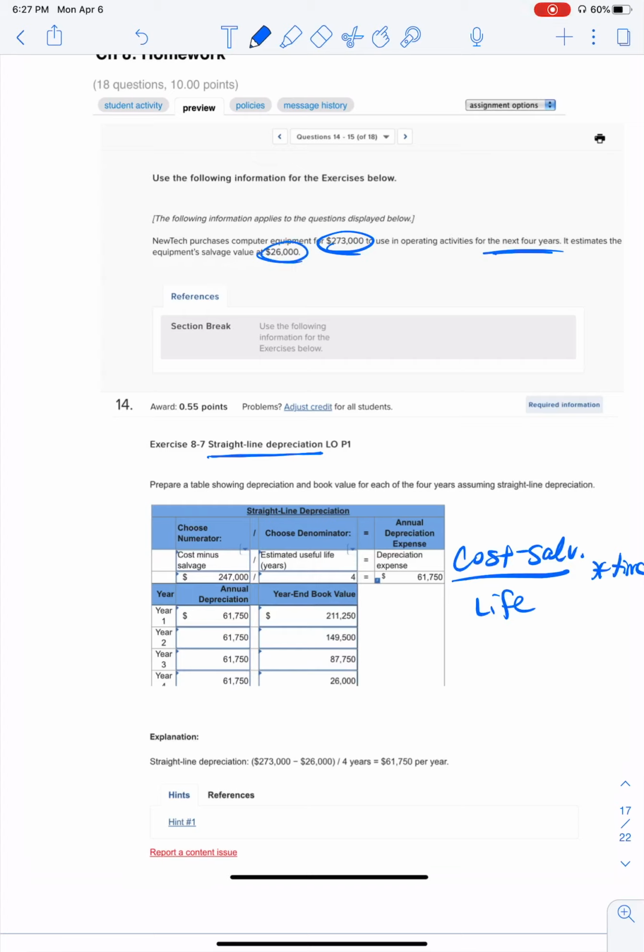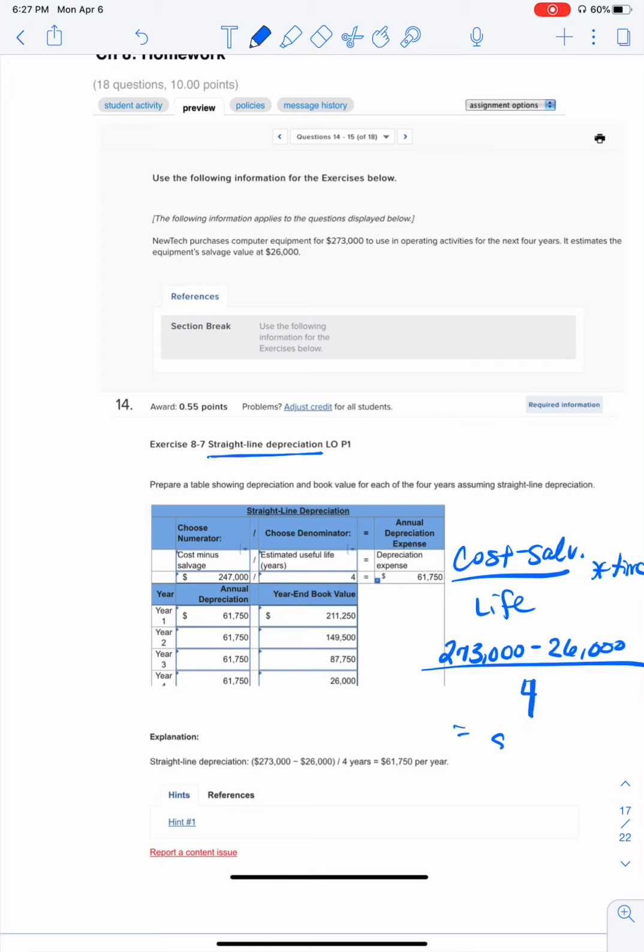Now they didn't tell us when we purchased this during the year, so since they didn't tell me, I have to assume that I purchased this at the beginning of the year. So what we're going to do, I'm going to take my $273,000. I'm going to back out my salvage value of $26,000. And I'm going to divide this by 4 years.